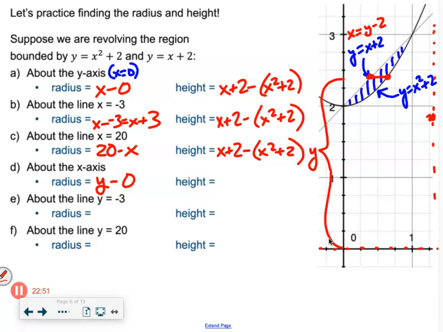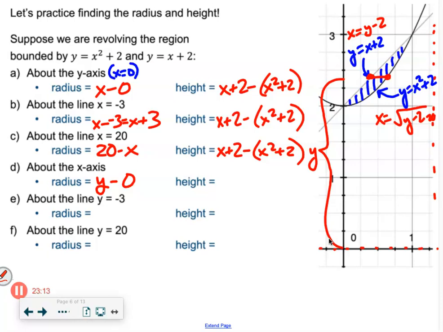All right, so x equals what? Square root of y minus 2. Where's the plus or minus? Since all the x's are positive, we're in the first quadrant, this is just the positive root.